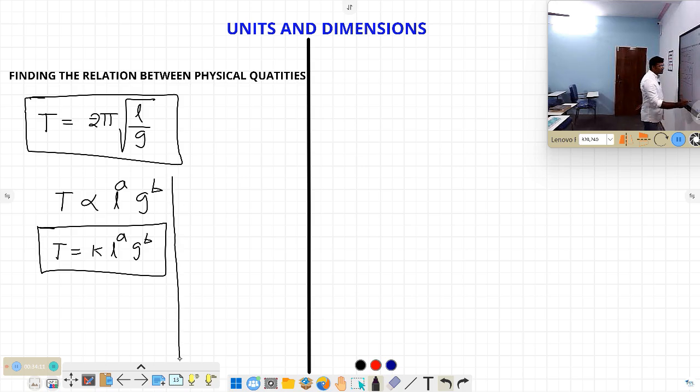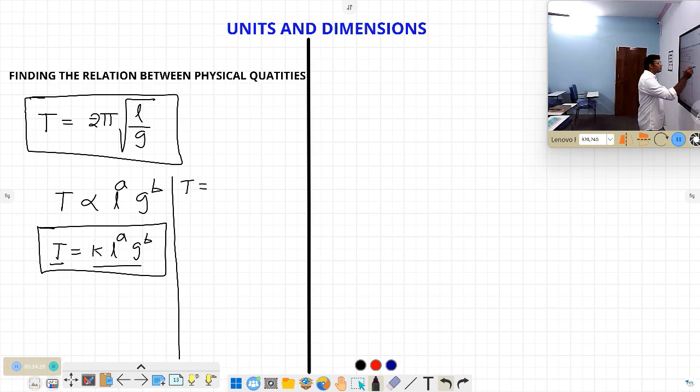Before that, the left hand side physical quantity dimension must be equal to the right hand side dimensions, so we have to write them and then compare. First I will write T. T is called time period.